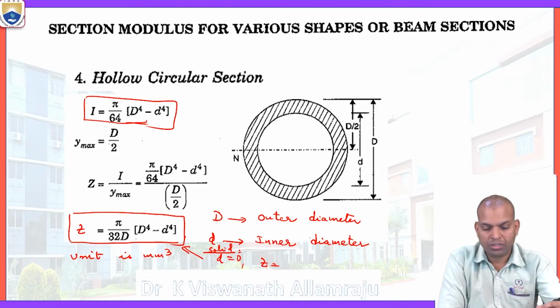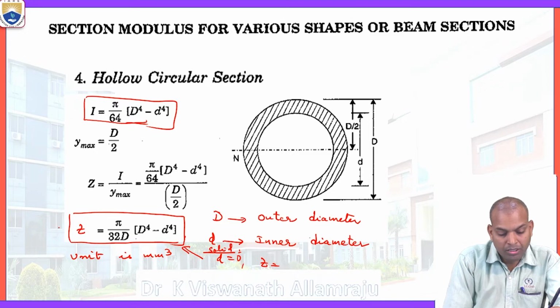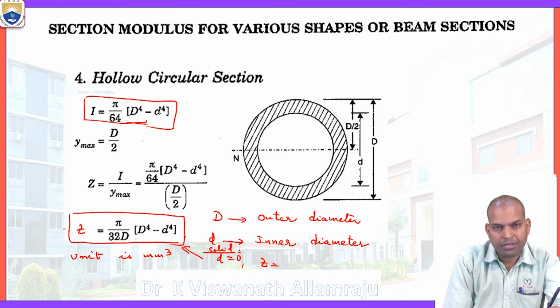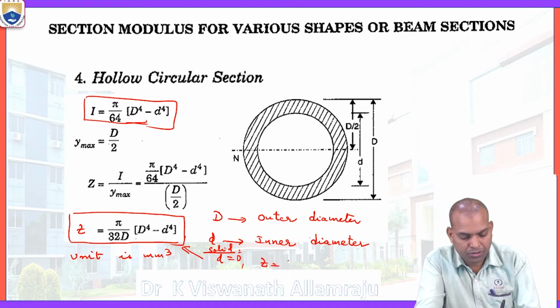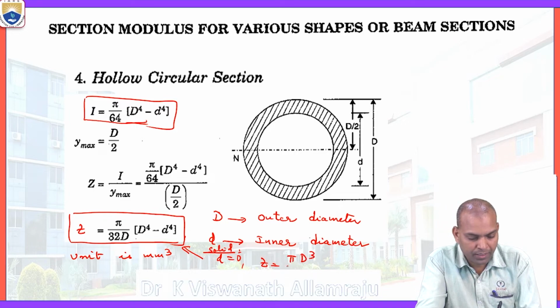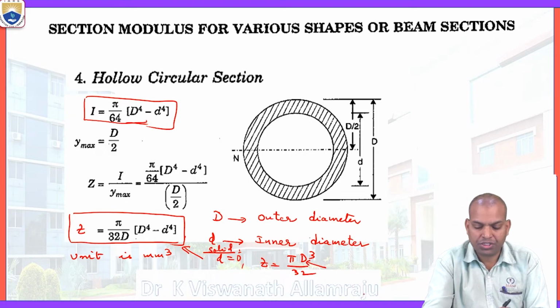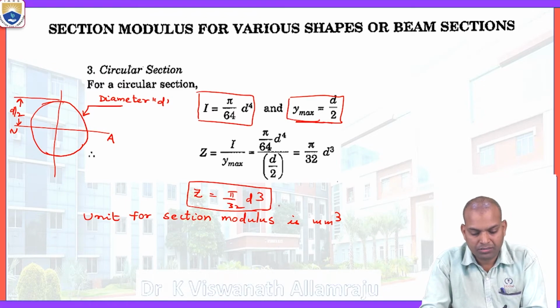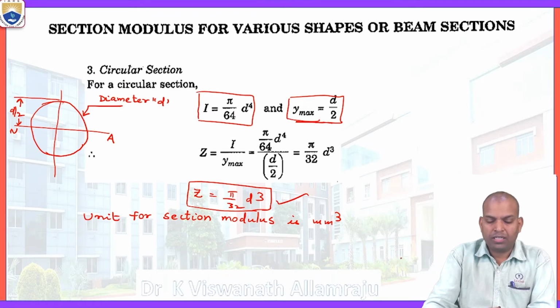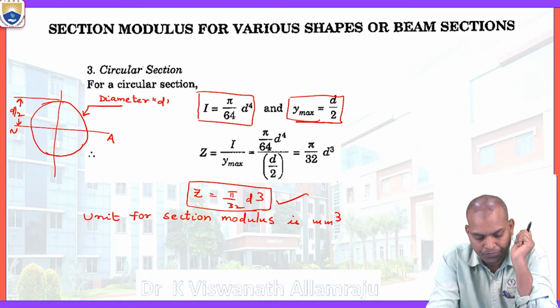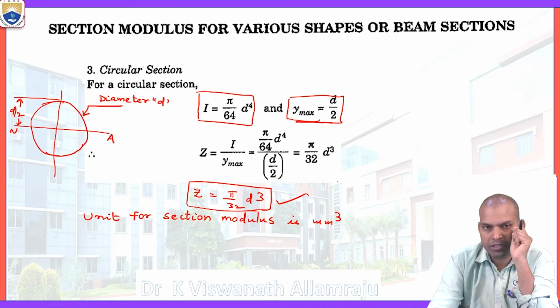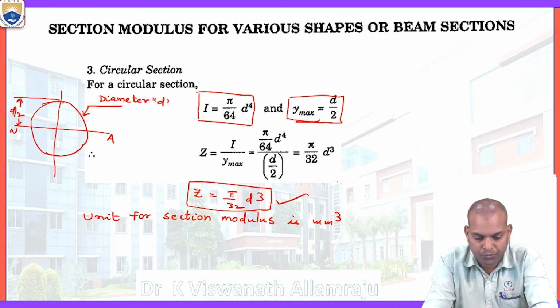The formula for section modulus becomes pi d cube by 32, where d is the diameter of the circular section. That's what we observed here, pi d cube by 32. So the unit for section modulus, again repeating, is millimeter cube.